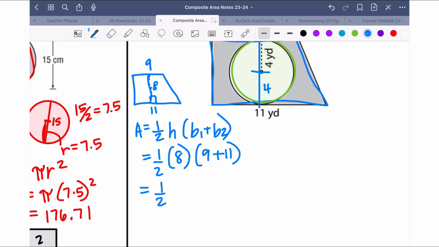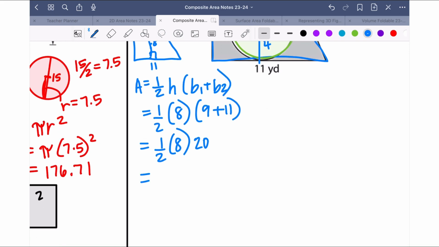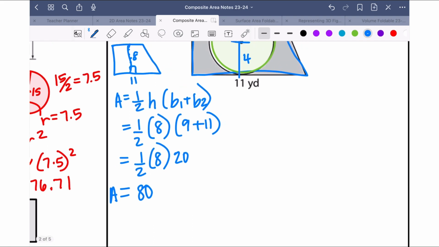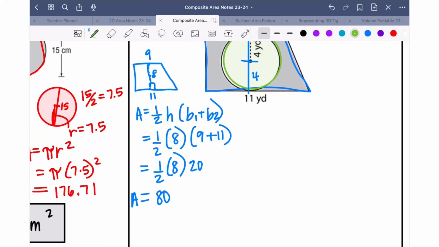Okay, let's consolidate and reduce. 9 plus 11 is 20. And I'm just going to do this one in my head. Half of 8 is 4. 4 times 20 is 80. So there's the area for the trapezoid. Okay, and then let's do the circle. Area of the circle.